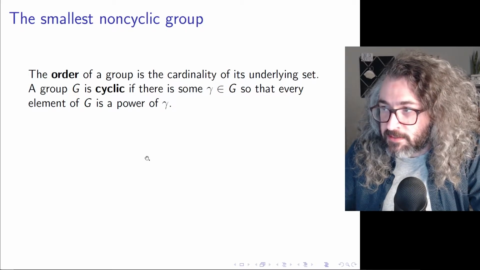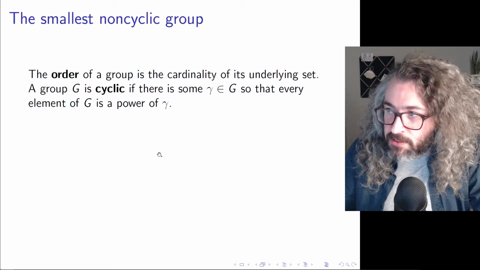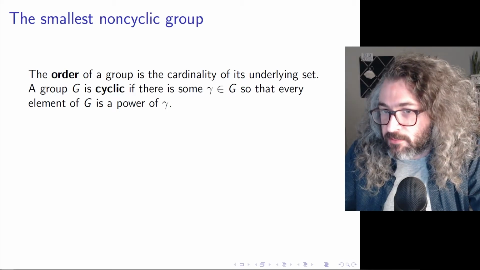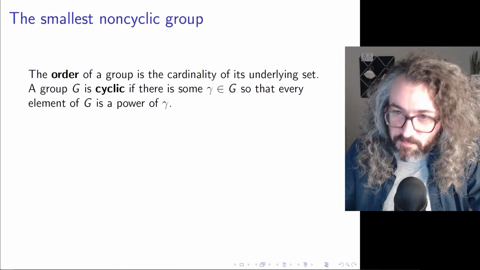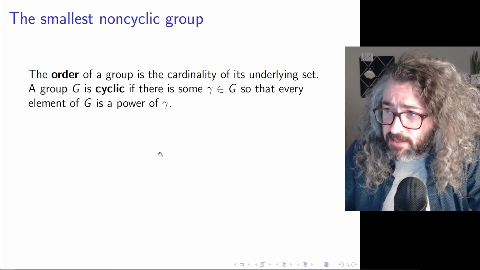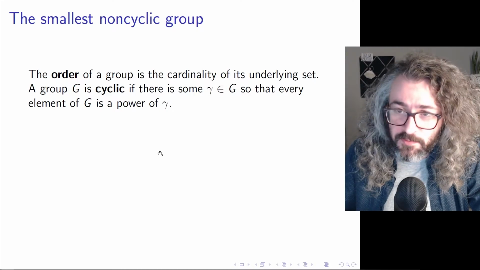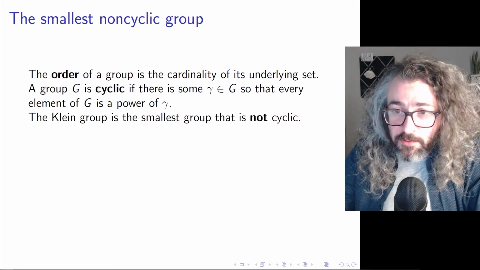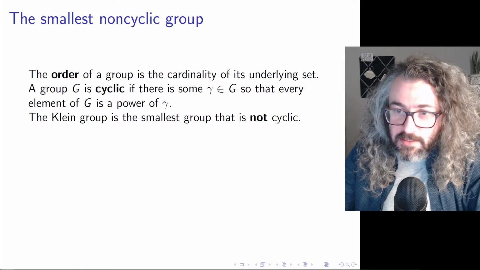And a group is cyclic if there is some gamma in the group, some group element, so that every other element of the group is a power of gamma. Another way to say that is a group is cyclic if it has a single generator. So the Klein group is the smallest group that is not cyclic.